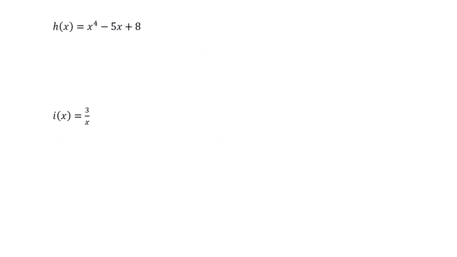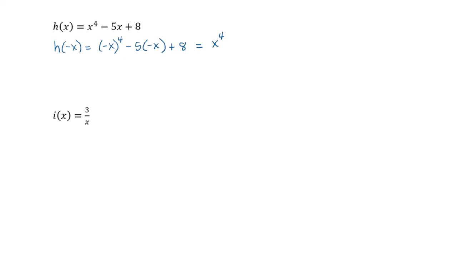Continuing here with h of x, let's determine if this is even, odd, or neither. I'm going to take h of negative x. This is negative x to the fourth minus 5 times negative x plus 8. Now negative x to the fourth, because this is an even power, will be the same as positive x to the fourth.